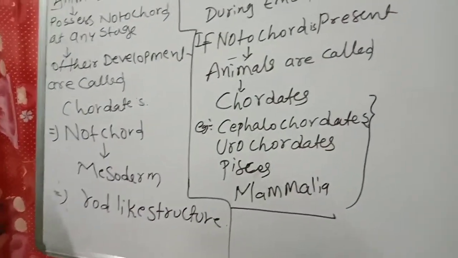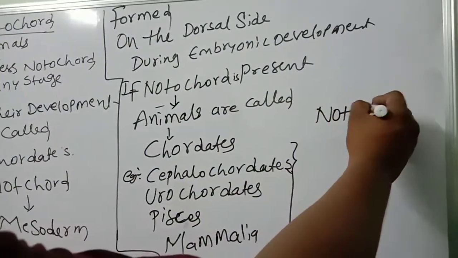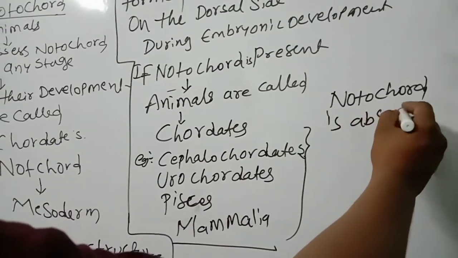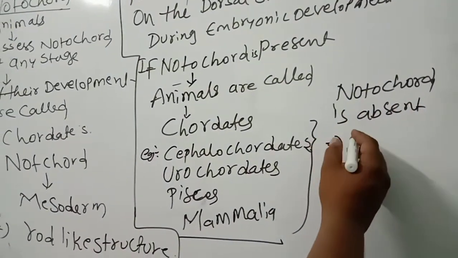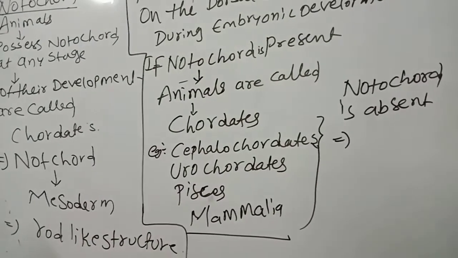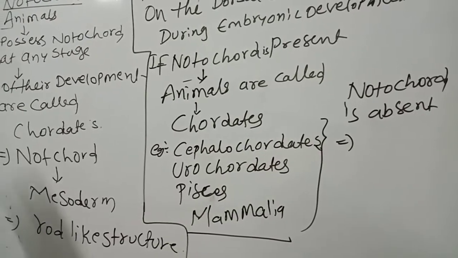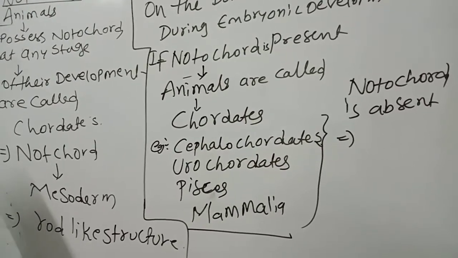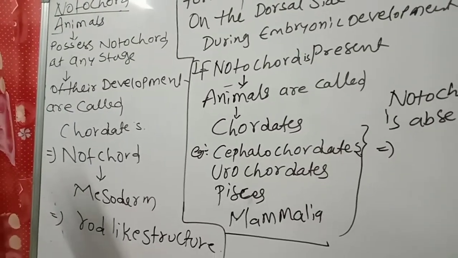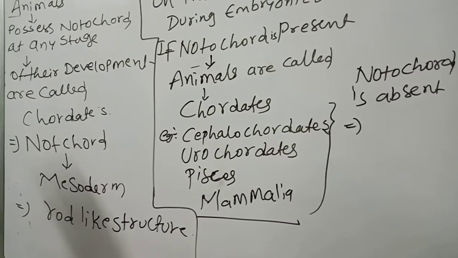Next, if the notochord is absent, those animals are called non-chordates. So invertebrates are non-chordates, like that you can remember.